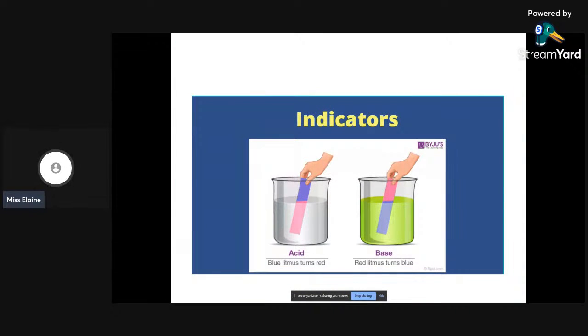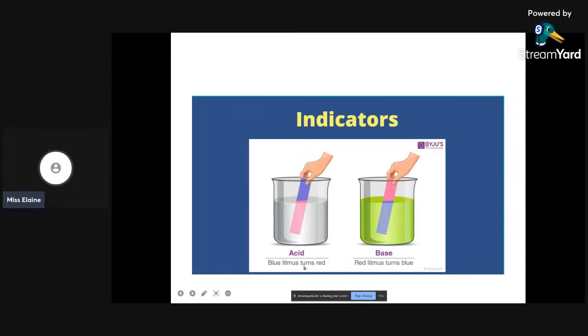The question is how we are going to measure if a material is acidic or basic. We have what we call an indicator, a water-soluble mixture. Here we have litmus paper.